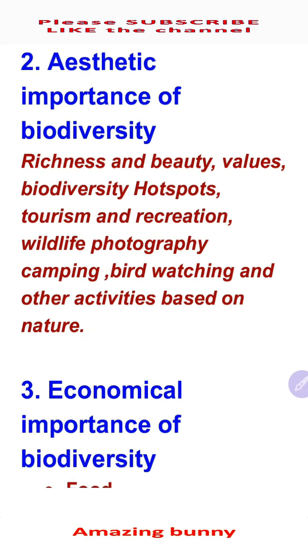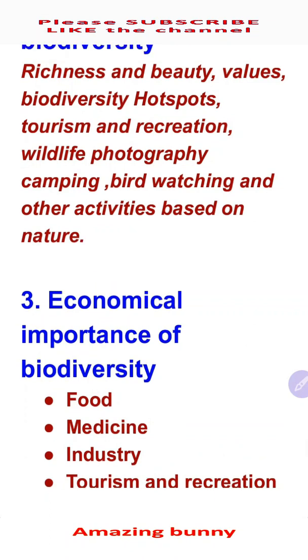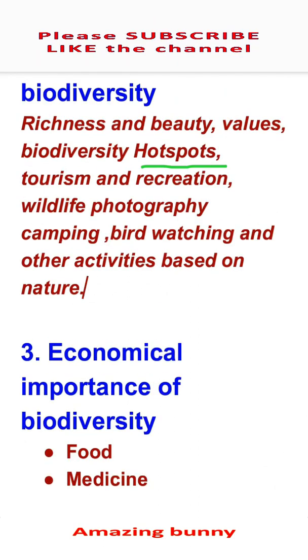Now let me give one example. Aesthetic value of biodiversity means the different fauna and flora found on the earth increase the beauty. For example, biodiversity hotspots. Hotspot means biodiversity-rich areas.